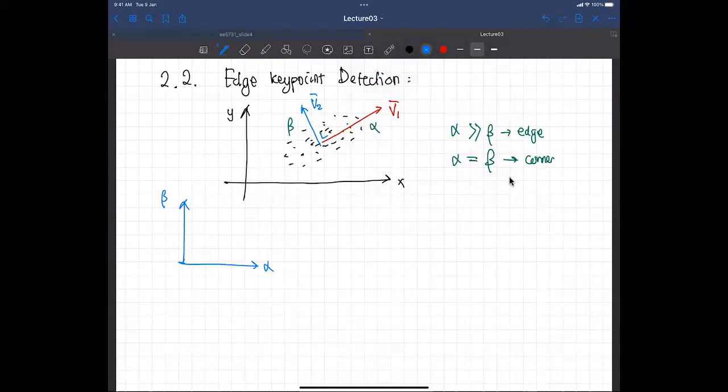When alpha equals beta, which is somehow on this line here. But you cannot use the region below the red line. Why can't we use it?